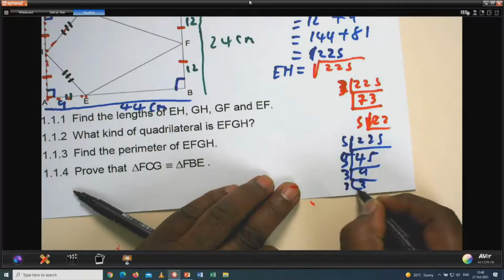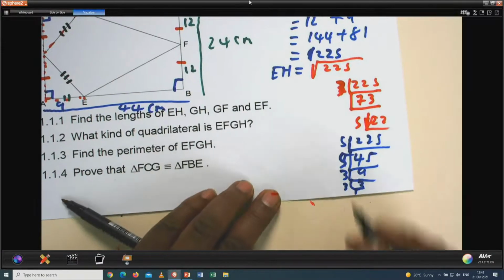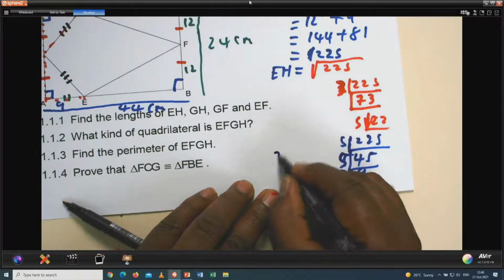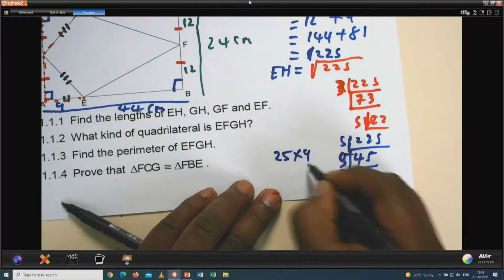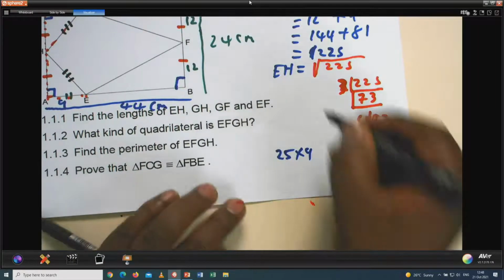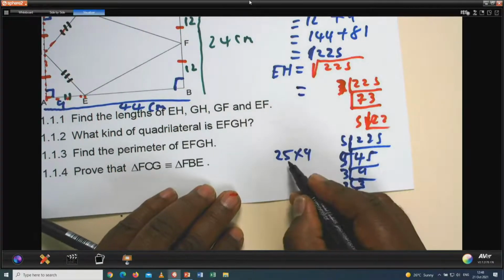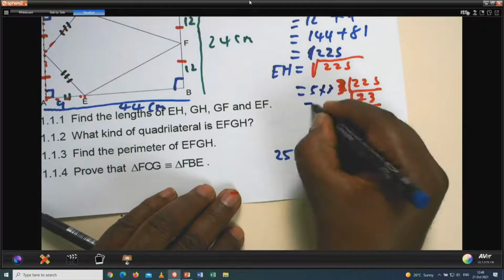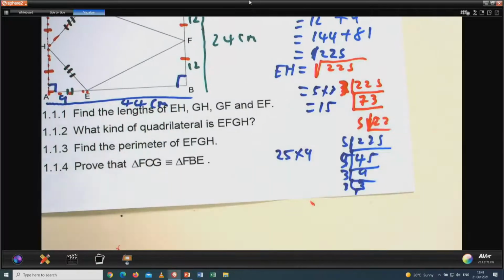How many 3s there? 1. Therefore, what are your factors? 25 by 9. And the square root of 25 is 5. Square root of 9 is 3. Therefore, it's your 15. But of course, you need your calculator, so it's a 15 there.